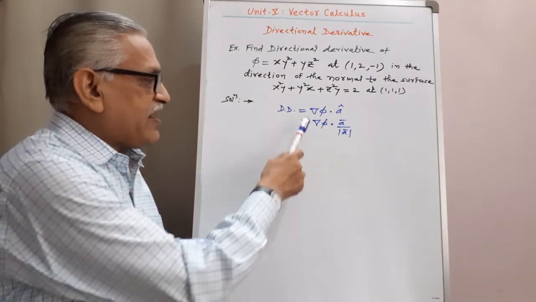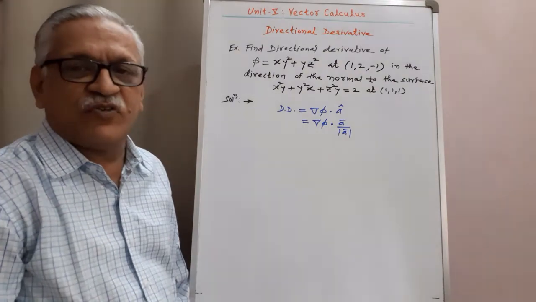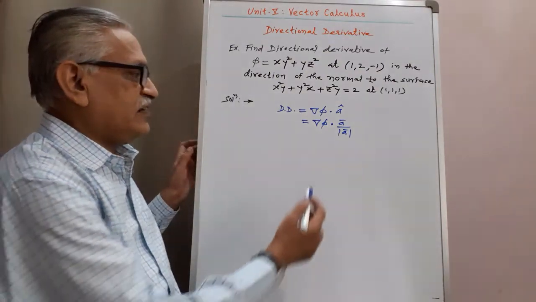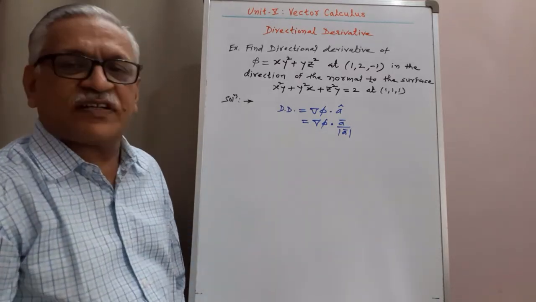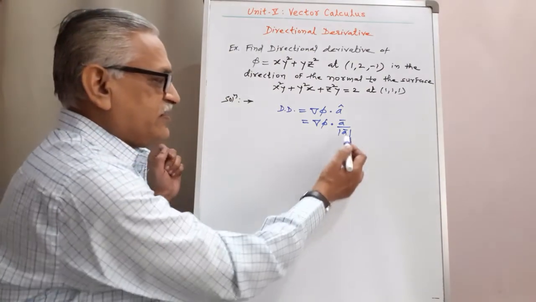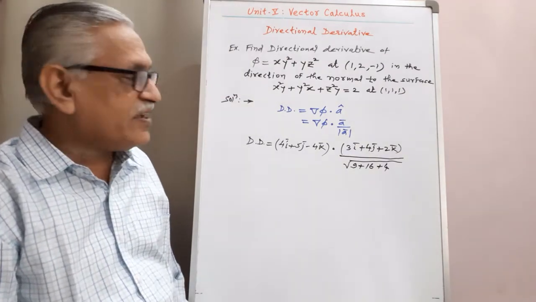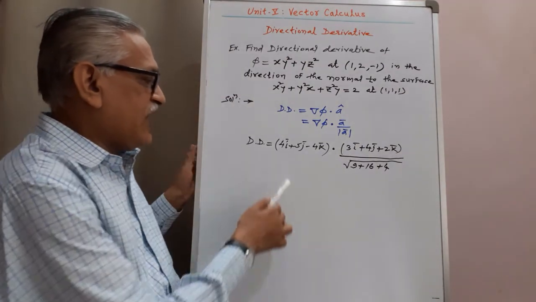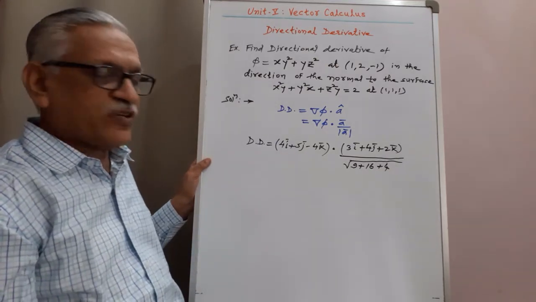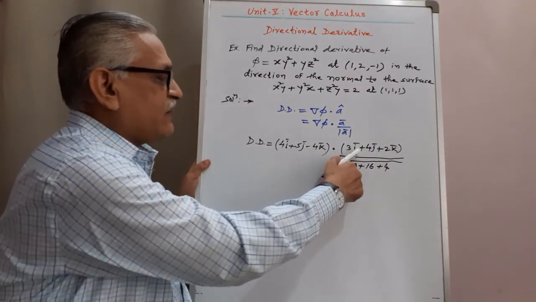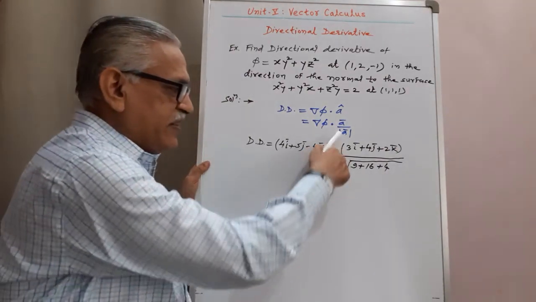The directional derivative is obtained by the formula grad phi dot a cap, the unit vector along the normal, which is the vector a bar divided by its magnitude. Substituting values, the directional derivative equals grad phi, which is 4i plus 5j minus 4k, dotted with a bar, which is 3i plus 4j plus 2k, divided by its magnitude.